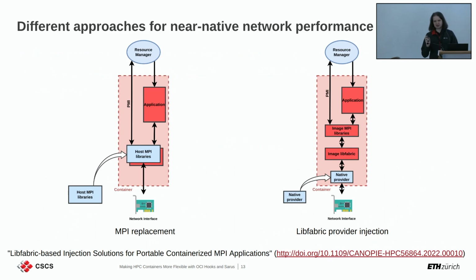There are different approaches with which we can achieve near-native performance with containers. The two that I've shown you are schematically represented in this slide. One is the full MPI replacement, or we can work to modify components of libfabric.